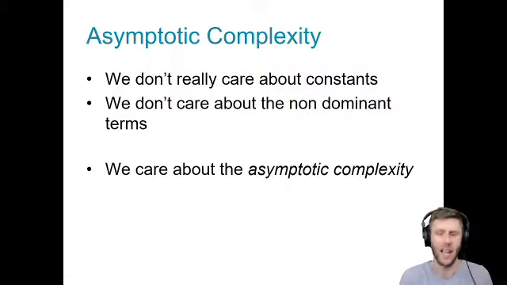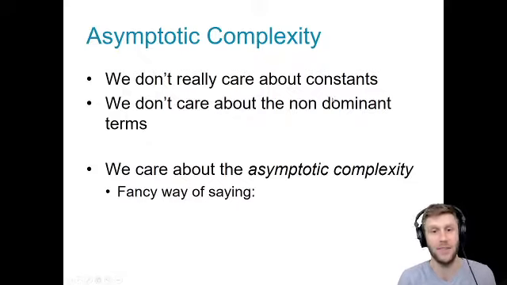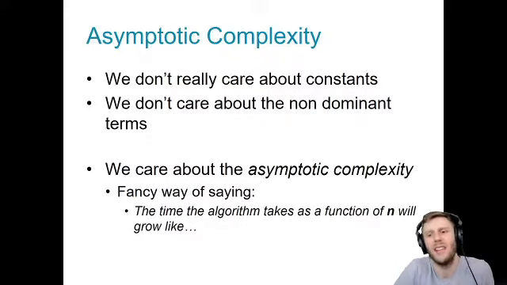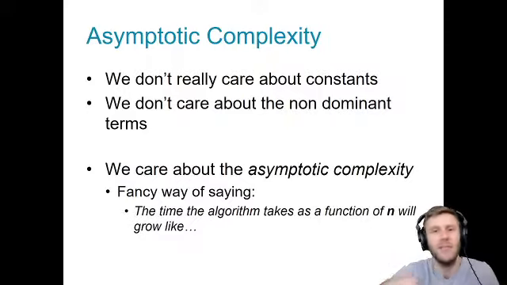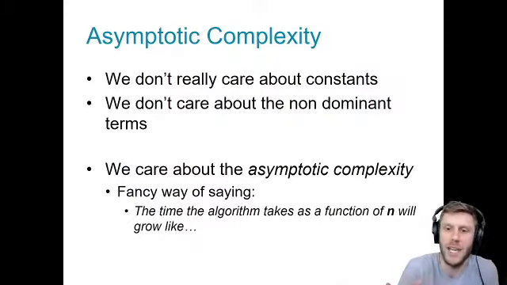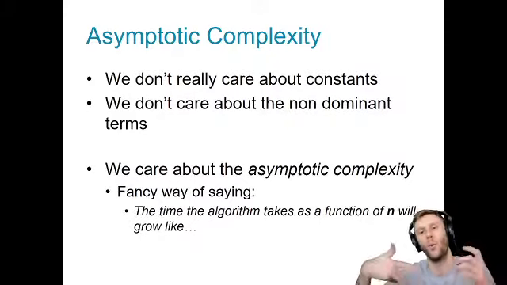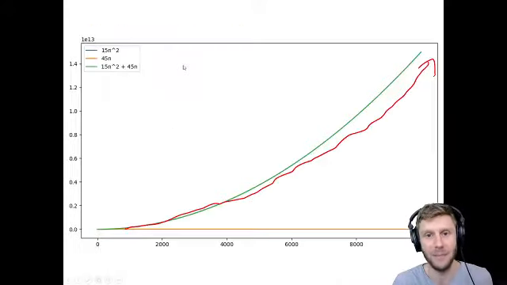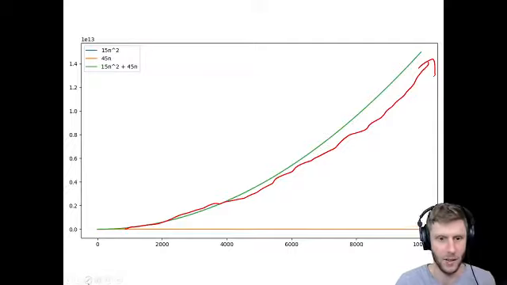asymptotic complexity, which is really a fancy way of saying the algorithm grows like the function blah, blah, blah. So the time the algorithm takes as a function of n will grow like what? So in this case, let me clear this again.